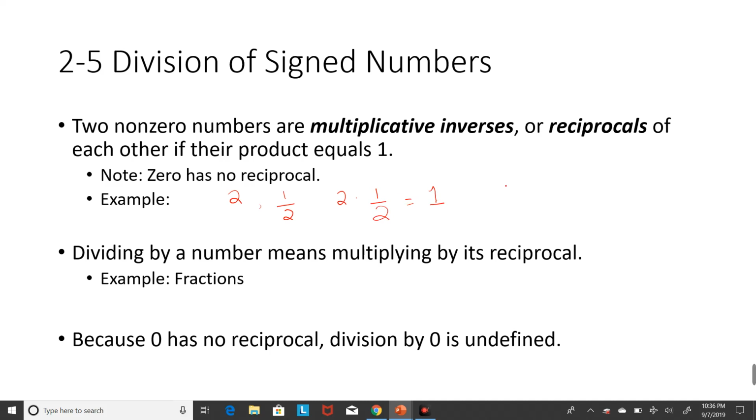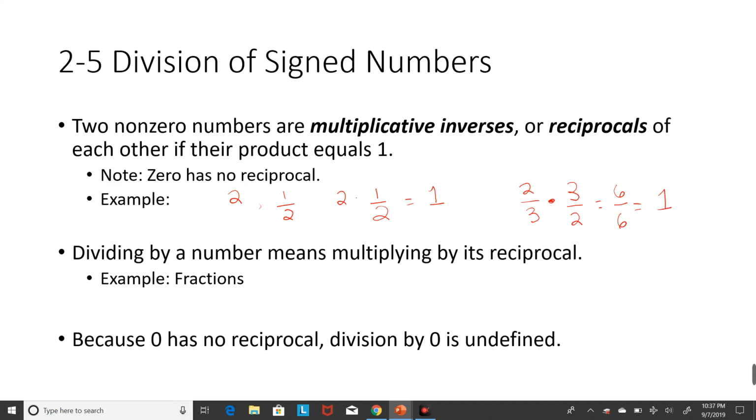If you have a fraction, it's even easier to find the reciprocal. The reciprocal of 2/3 is 3/2. And if you multiply these two numbers, you would get 6 divided by 6, which is 1. So 2/3 and 3/2 are multiplicative inverses.